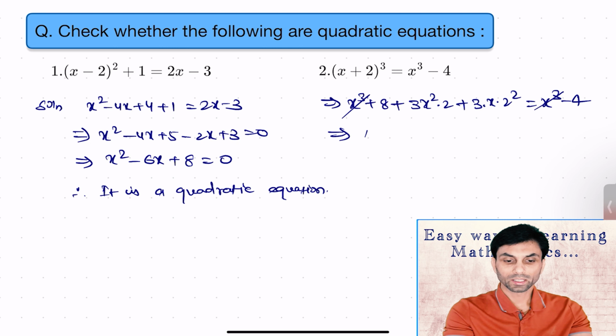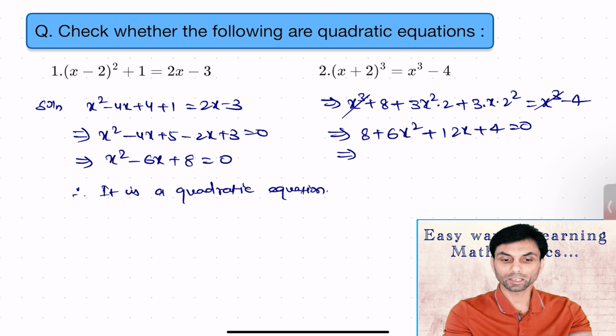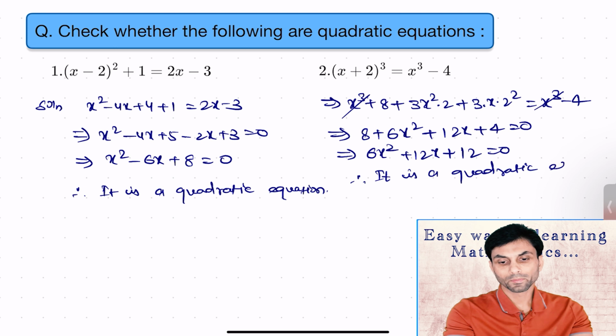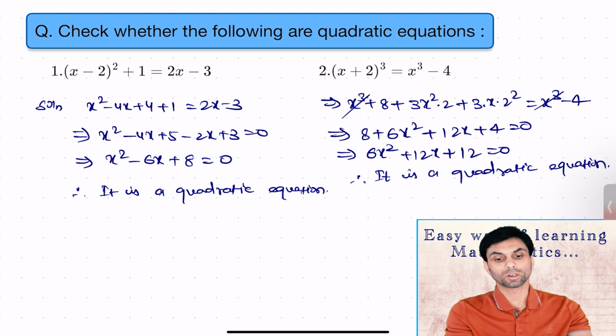We'll get 8 plus 6x square plus 12x plus 4 equals 0, which will give us 6x square plus 12x plus 12 equals 0, and so we can say that it is a quadratic equation. As we can see, the degree of this equation is also 2. In case the degree of the equation is not 2, we'll say it is not a quadratic equation.